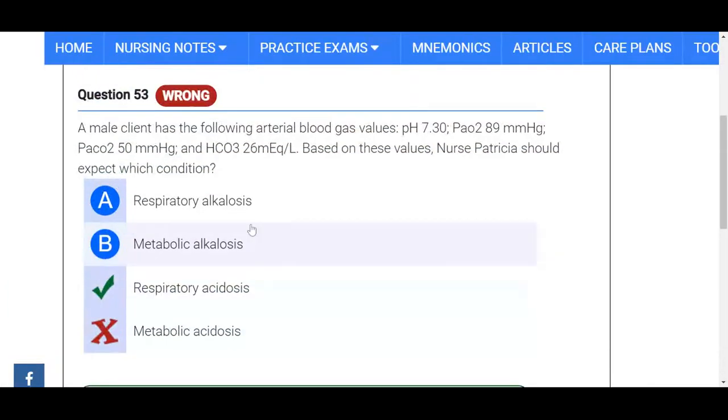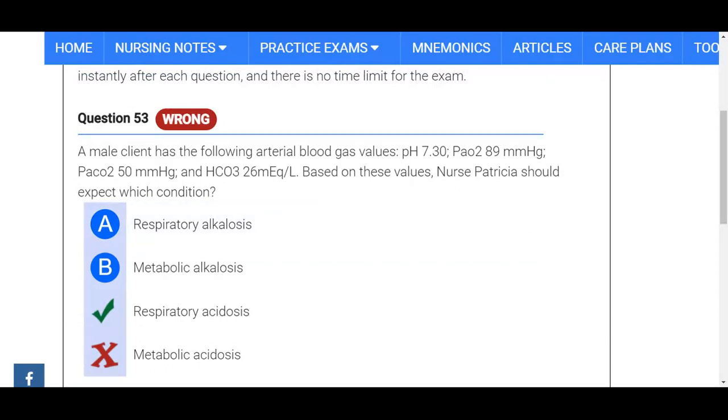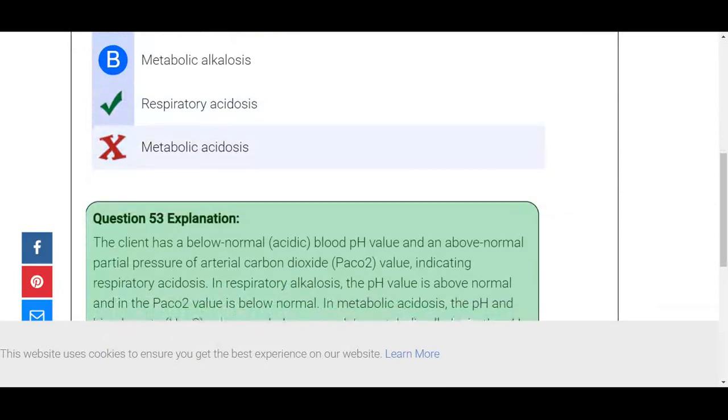So if we're talking about metabolic, we're only considering hydrogen carbonate and the pH. Whereas if we're talking about respiratory, we're talking about PaCO2 and the pH. So if the pH is below normal and the PaCO2 is above normal, it is respiratory acidosis. If the pH is above normal and PaCO2 is below normal, it is respiratory alkalosis.